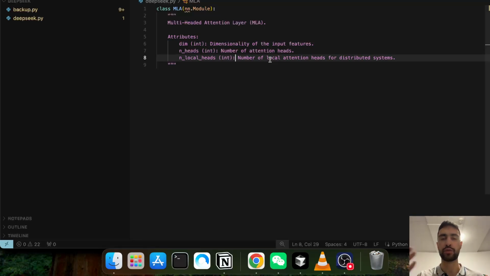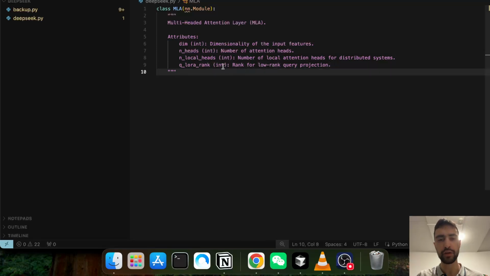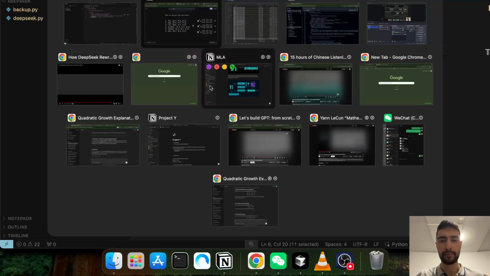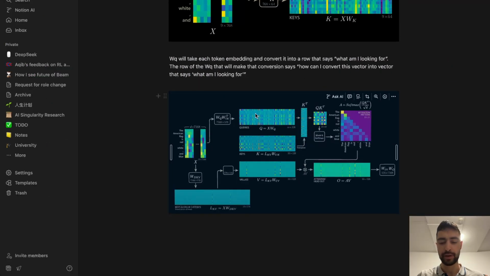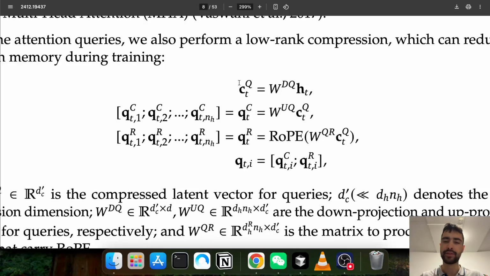So if you have 128 heads and 8 GPUs, you would put 1/8 of those 128 into each GPU. Then q_lora_rank. This is the size of, let me go here, the size of this vector. That's the latent representation that's necessary to create the query.